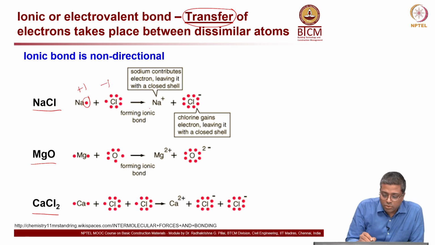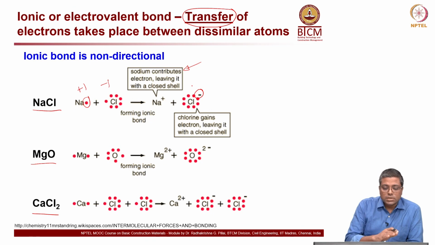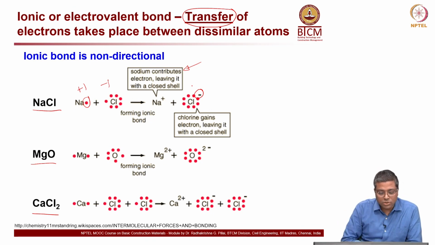Okay. Now, on the right side you can see the sodium contributes the electron, leaving with a closed shell, and that particular electron is taken by the chloride ion, and you have a negative charge on the chloride. So, it is not that they are sharing the electrons, but they are transferring the electrons from one to the other.